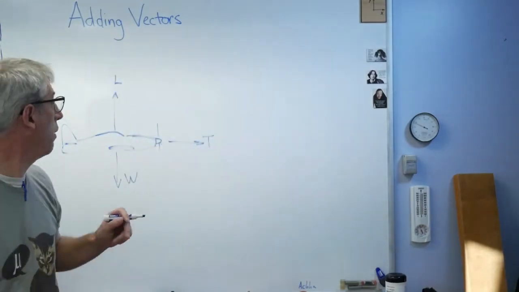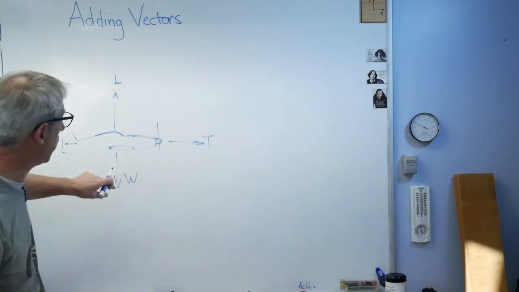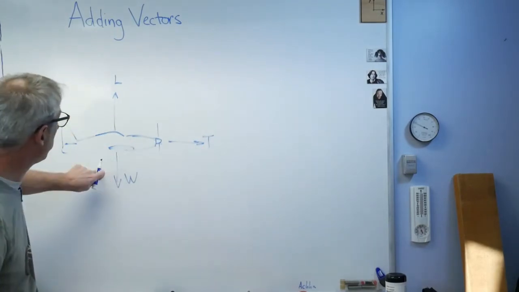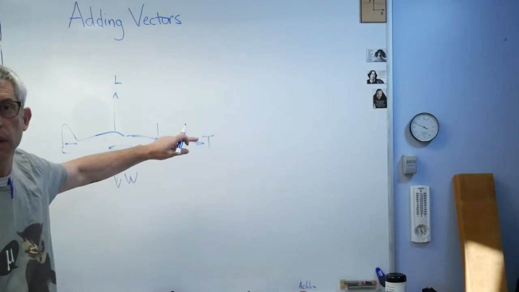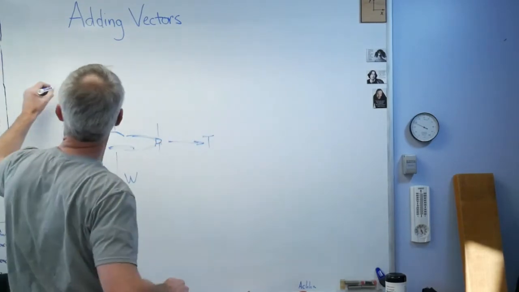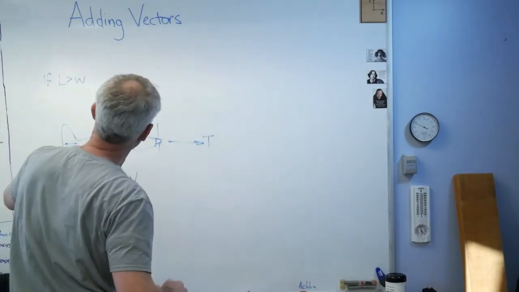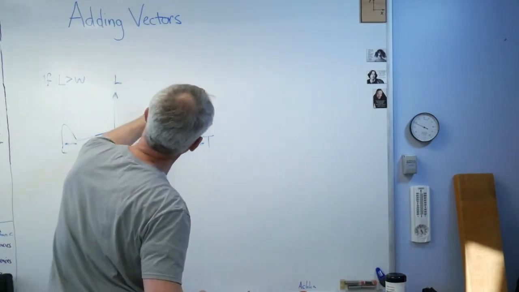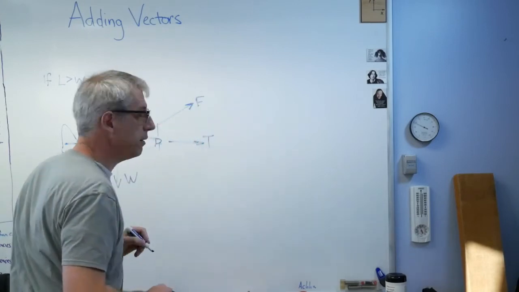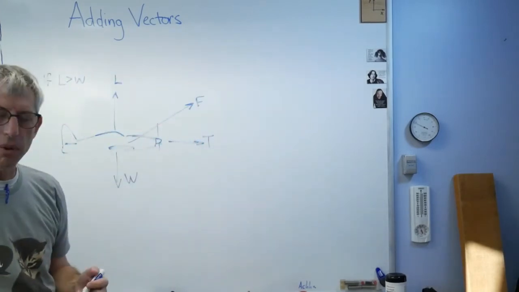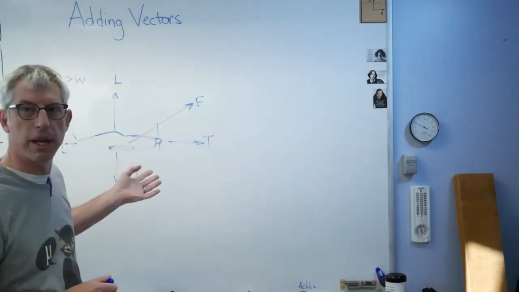All right? Now, if lift and weight cancel each other out, the sum total of those is 0 and you only have thrust. But what if lift is greater than weight? They don't cancel out, and the vector sum of those forces is that. Okay. That's an example of adding vectors. Okay, so in concept, that's how you do it.